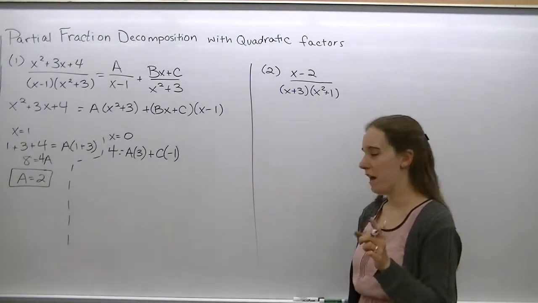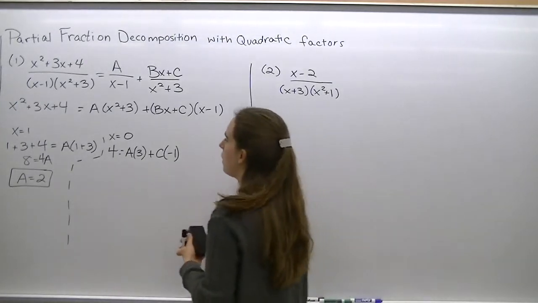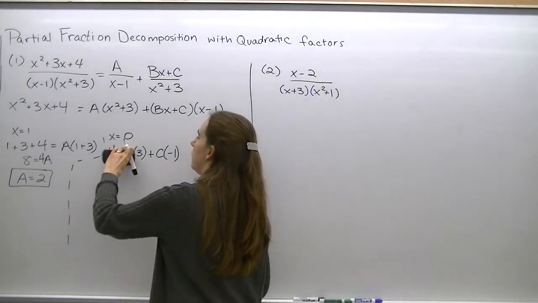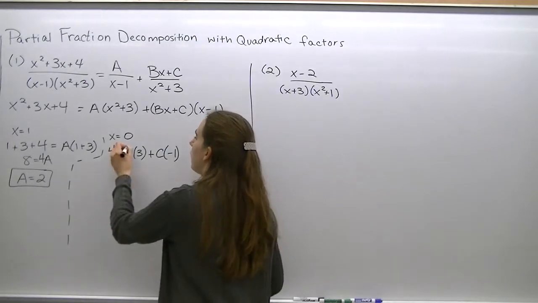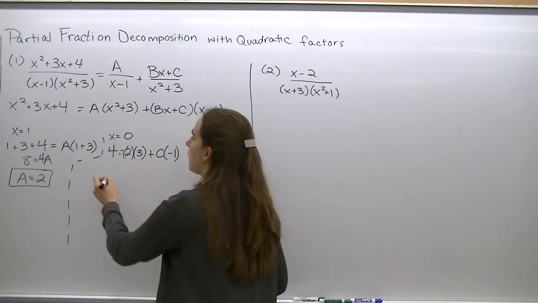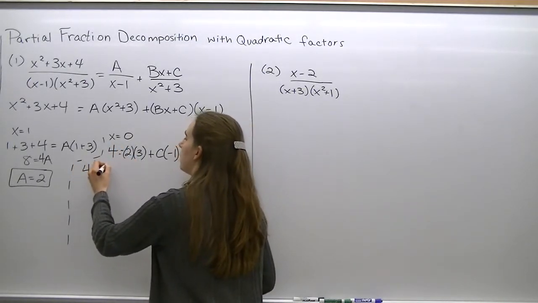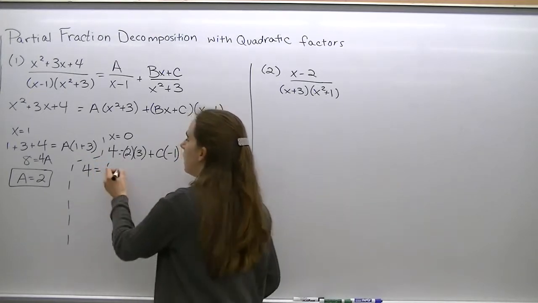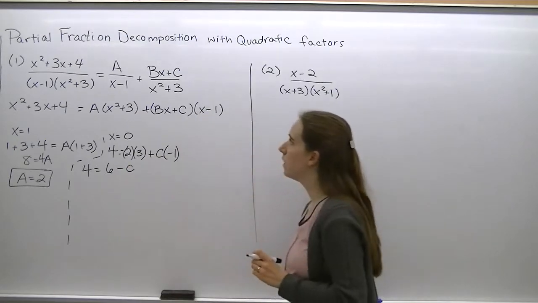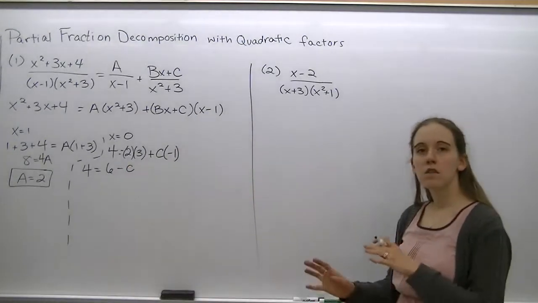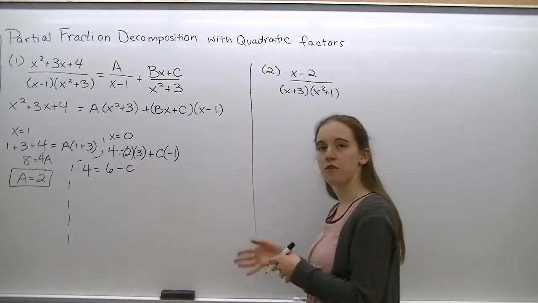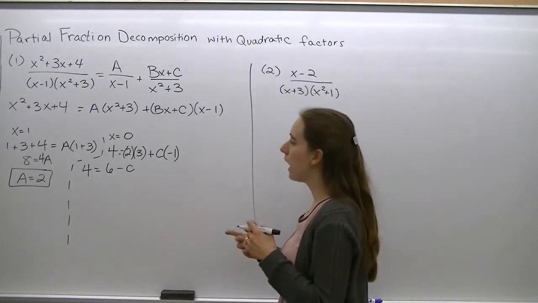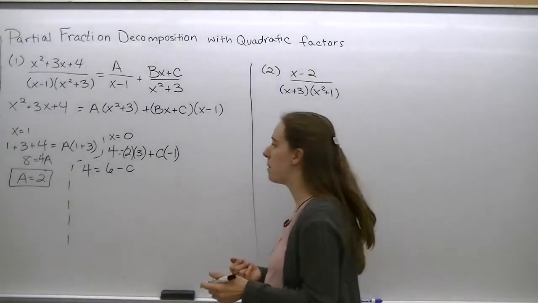But I know a. I just found a, so let's use that information. A is 2. So what I get is that 4 is equal to 6 plus negative c, or minus c. Now I can either move the c to the other side and the 4 to the other side, or I can move the 6 to the other side and multiply by negative 1.